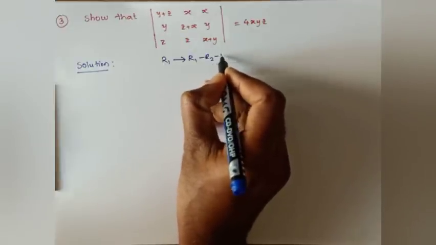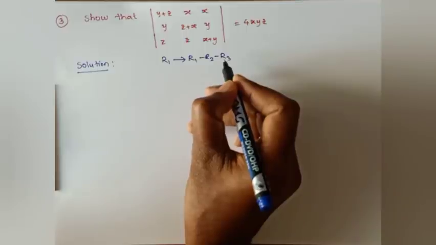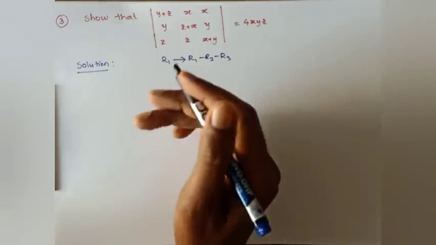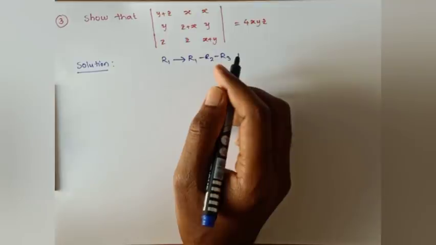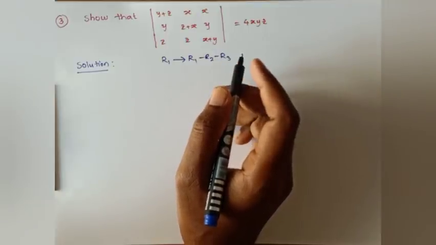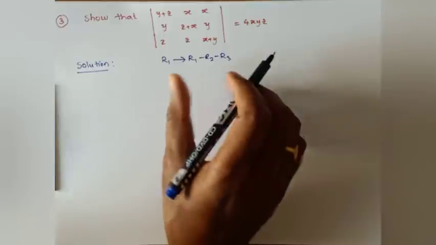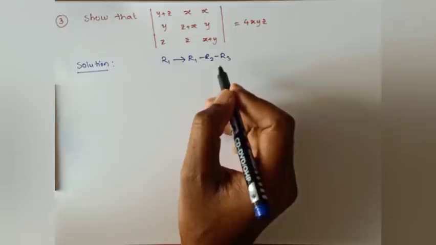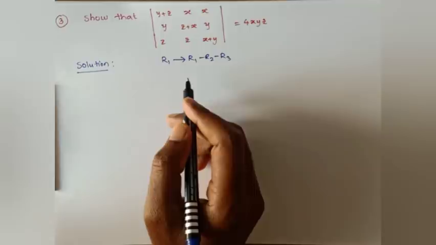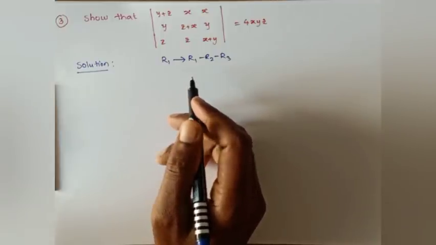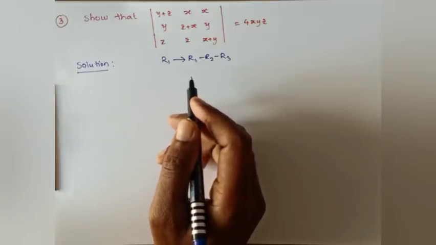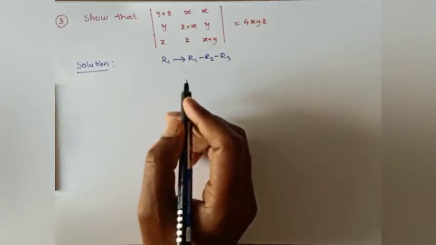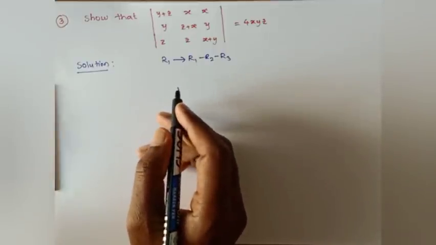Again, there is no restriction on applying this operation. So you need to apply any operation in a systematic manner. You have to apply any row operation or column operation, but the next step should not be complicated. So try to evaluate the given determinant in an easy way.